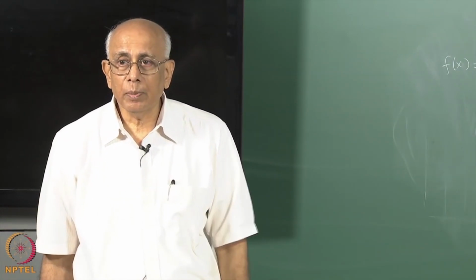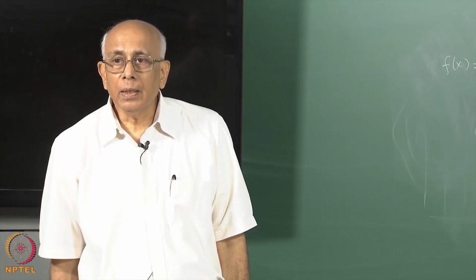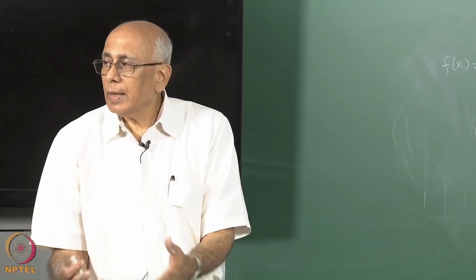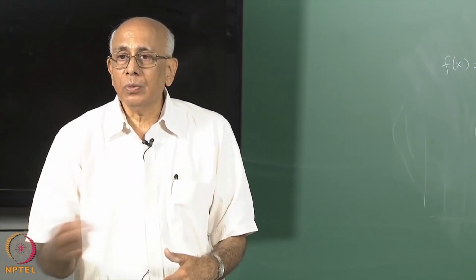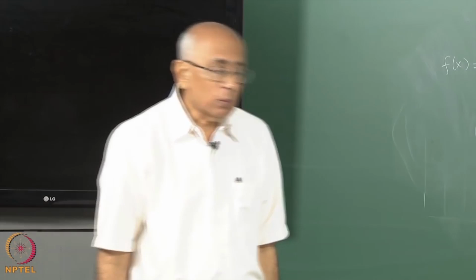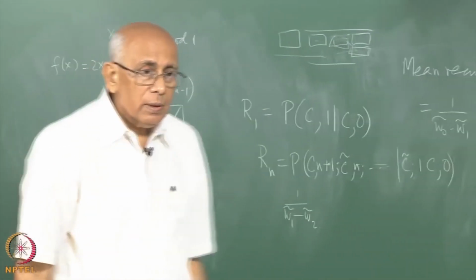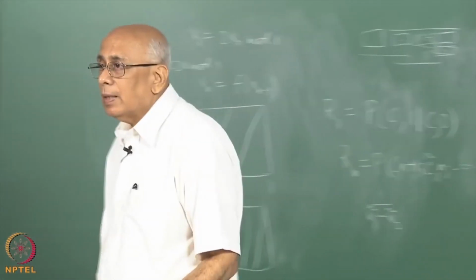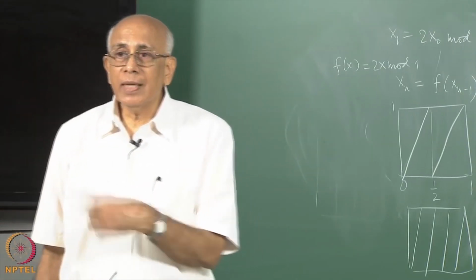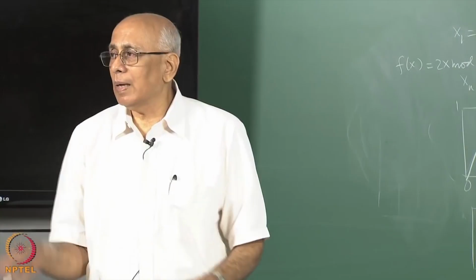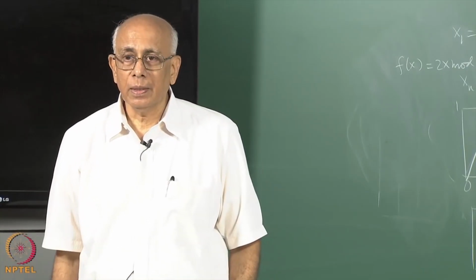For instance, you start with 1/3, next time it becomes 2/3, next time it becomes 4/3, which is the same as 1/3, so it's a period 2. You start with 1/5, goes to 2/5, then 4/5, and then 8/5, which is the same as 3/5, and then 6/5, which is the same as 1/5, and you are back to a period 4 cycle, and so on.